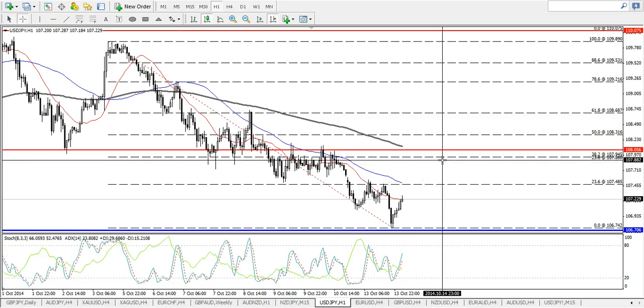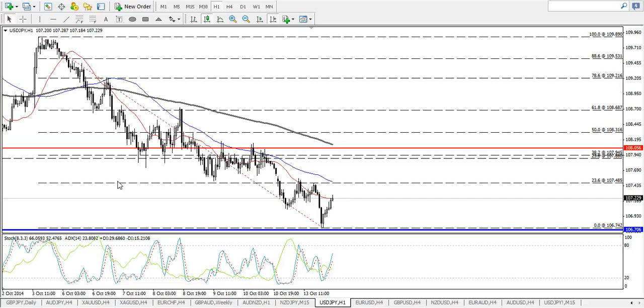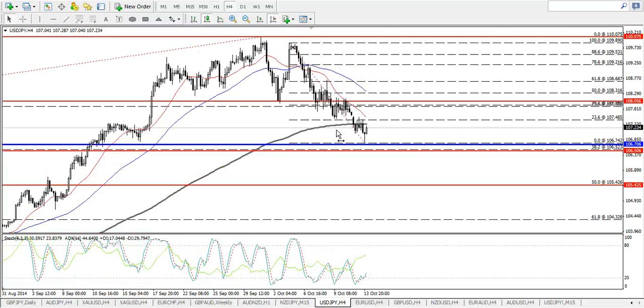That is the first level, and if it breaks above 108, then we might be seeing an end to the major retracement for the dollar against the yen. But if not, we are looking at 106.50 as the first support level for a price rebound.